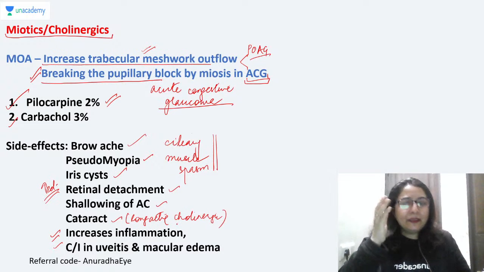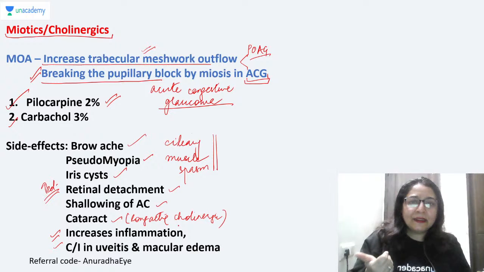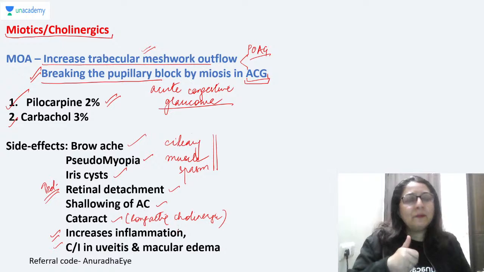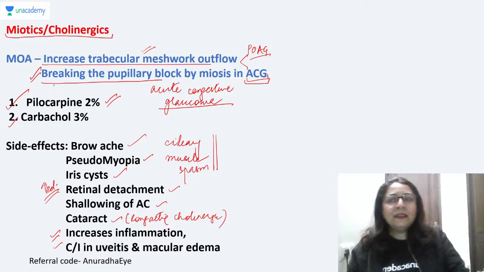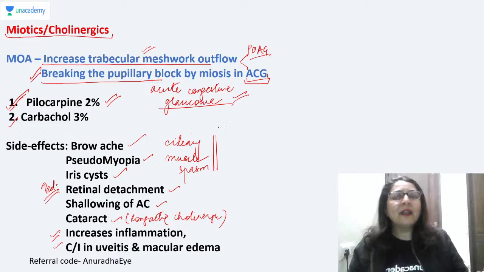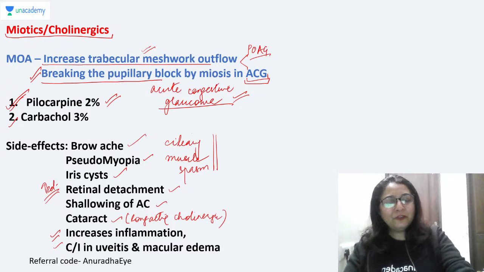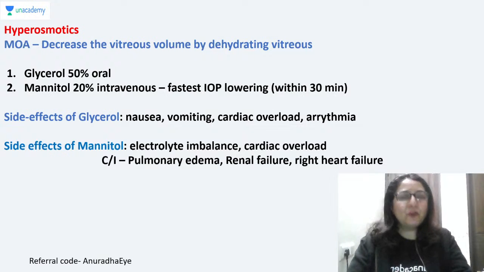They also increase the inflammation. So just like prostaglandin analogs, they are contraindicated in uveitis and macular edema. And their main use is use of pilocarpine to break the attack of acute congestive glaucoma. So these are the points which we must remember about this group of drug.